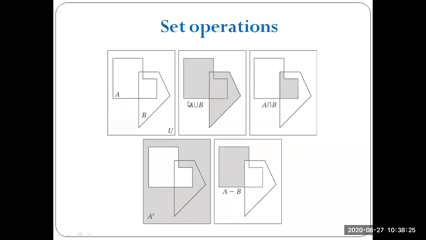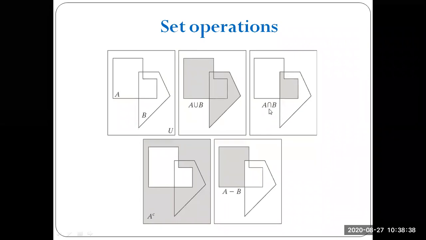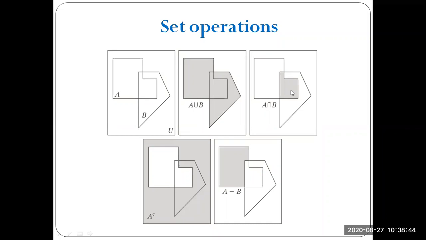So what is A union B? In that, region A and region B are both included. Similarly, what is union? Yeah, the entire. Similarly, what is A intersection B? Intersection means the common element: what is common to A and to B is the region like this.